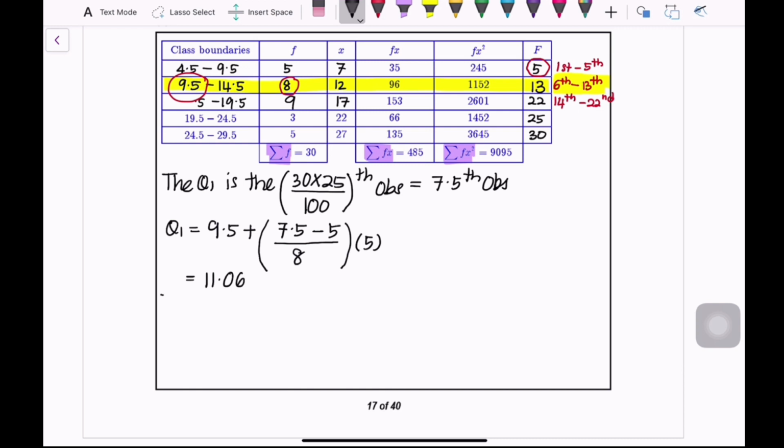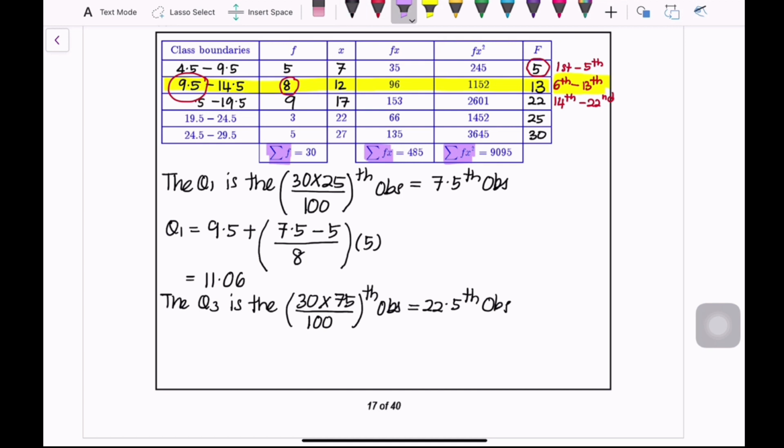For Q3, Q3 is 30 times 75 over 100, because Q3 is P75, observation. So it is equal to the 22.5 observation. The 22.5 observation is located in the class boundary 19.5 to 24.5.